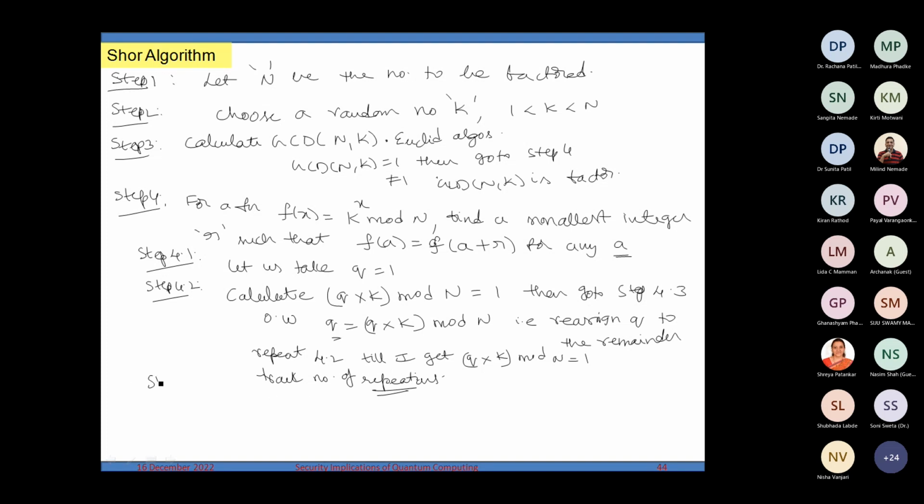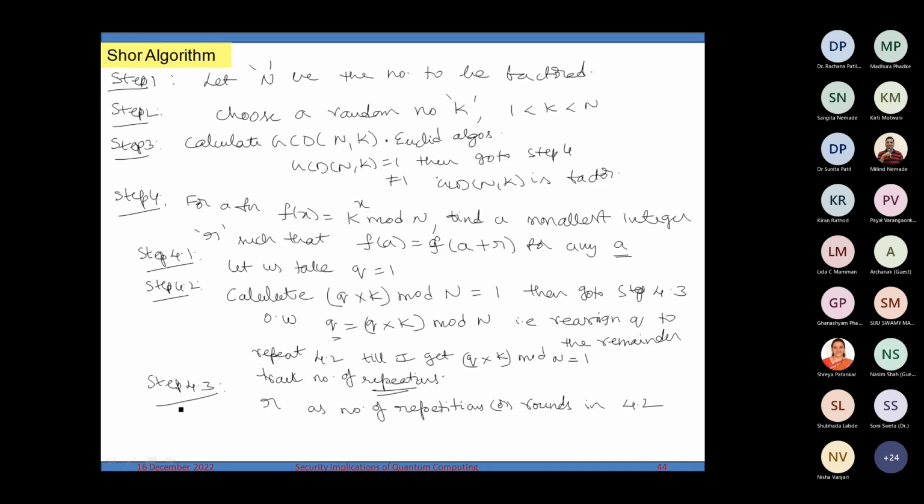Next, step 4.3. In step 4.3, I have tracked the number of repetitions, and I am calling that R, the number of repetitions or rounds in 4.2.